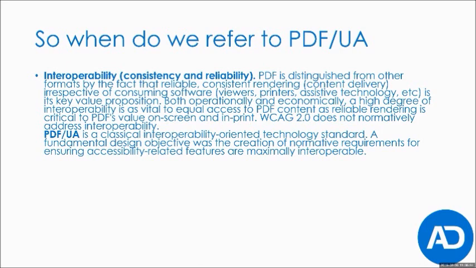And WCAG does not normatively address interoperability. It is always going to be our focus to make sure that regardless of what application is accessing the content within the page, we're putting normative guidance around how that should be done. And then it's up to the developers to make sure that their software can do that.